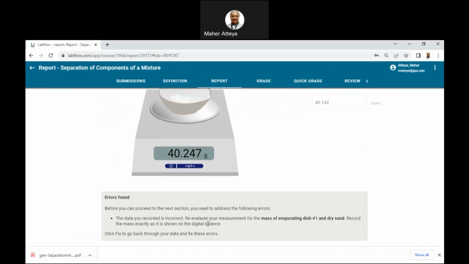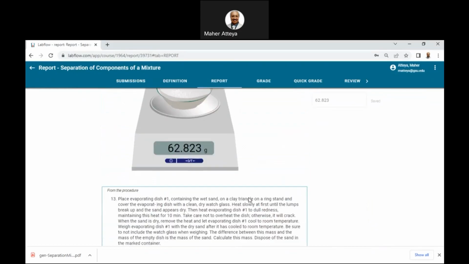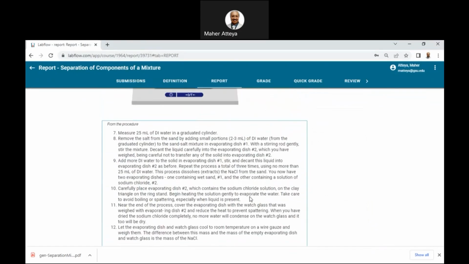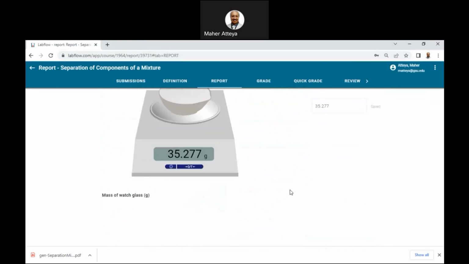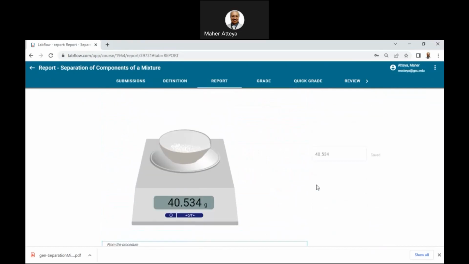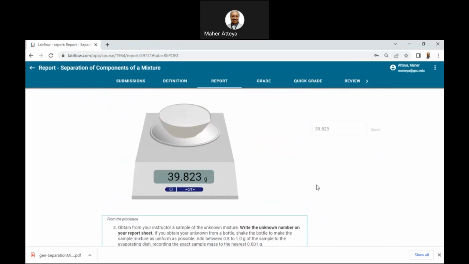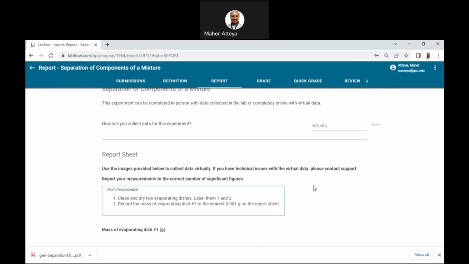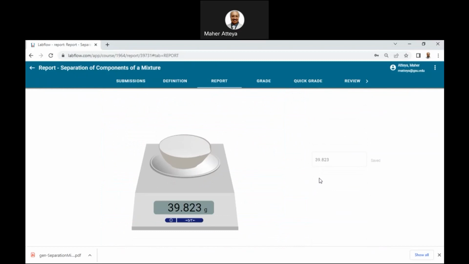Before you can proceed to next, the data recorded in the mass of evaporating dish plus dry sand: record the mass exactly as shown in the digital balance. 35.277, 40.534, 40.635, 39.823.